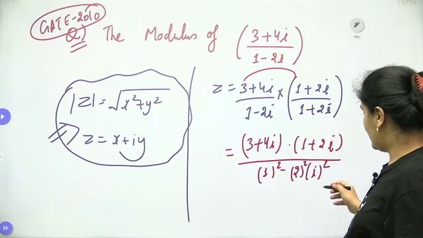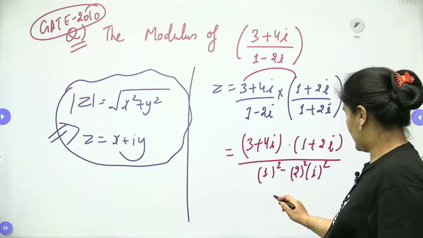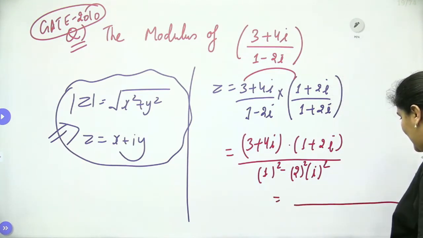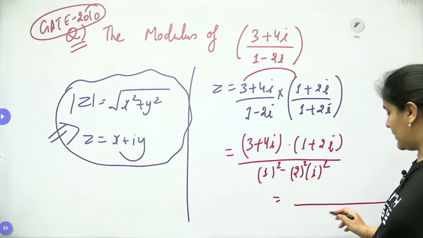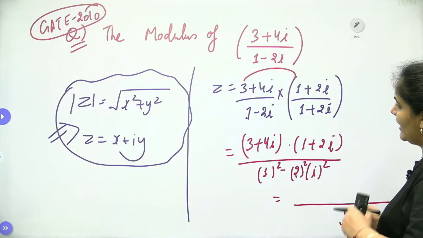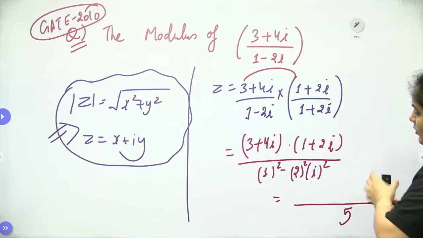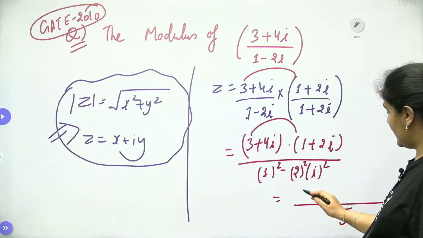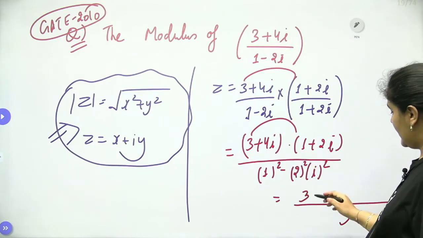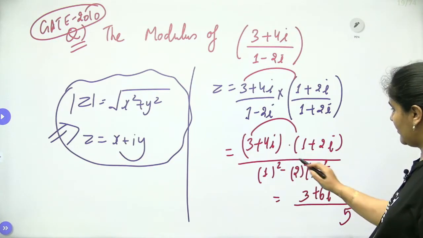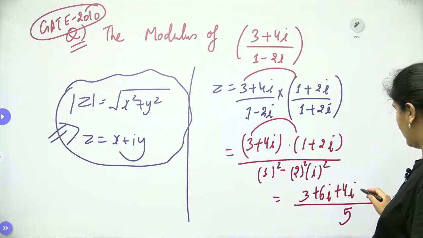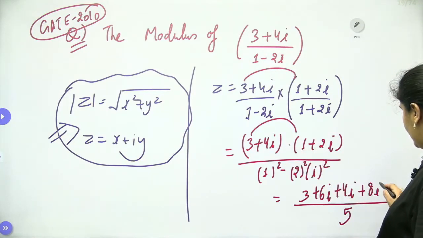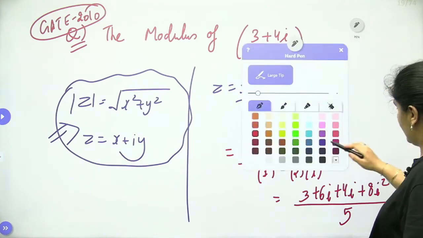Since iota square is minus 1, it becomes 1 plus 4, so the denominator is 5. In the numerator, 3 into 1 is 3, 3 into 2 is 6 iota, plus 4 iota, and plus 4 into 2 iota, which is 8 iota square.